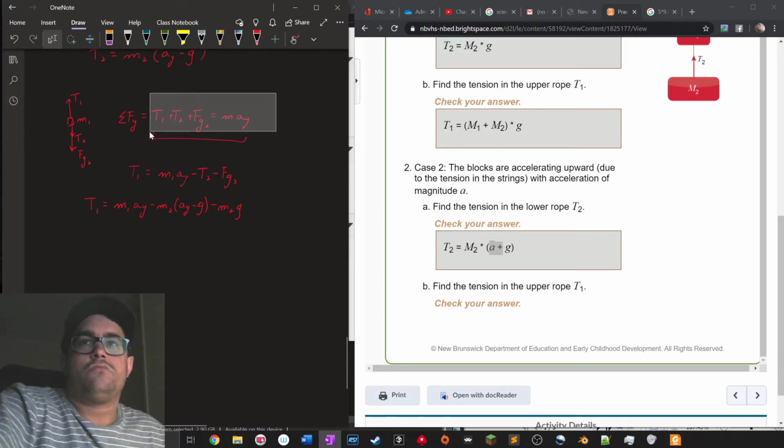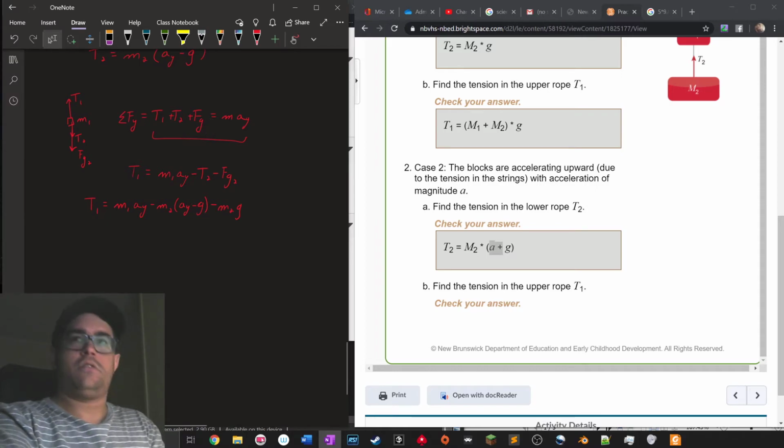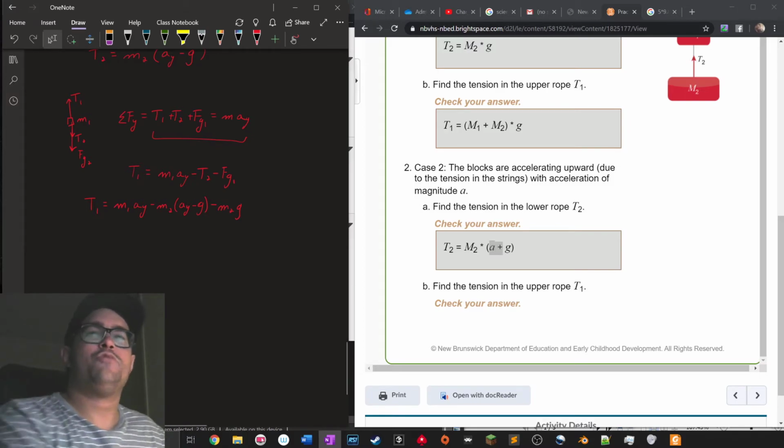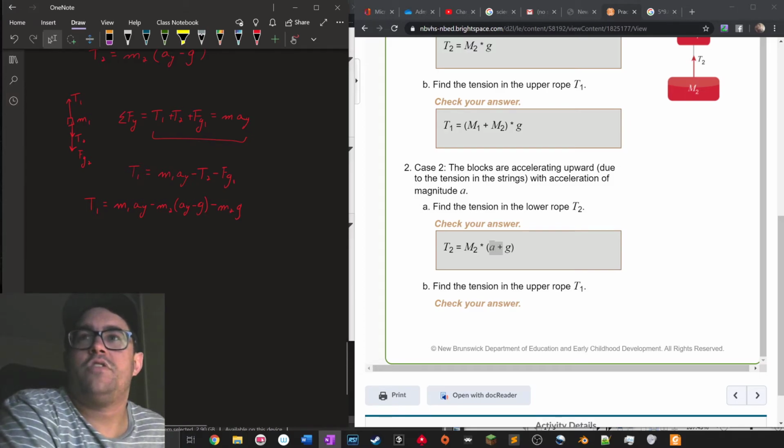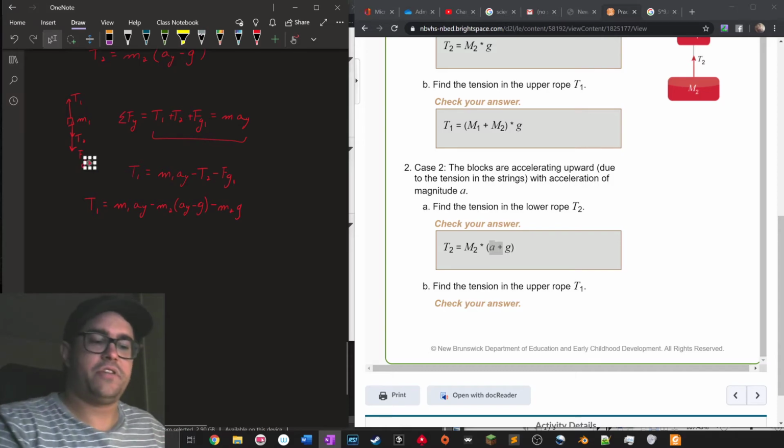So is this true? T1 and T2 and FG2. Oh, hold up. Not FG2, again, it's FG1. Man, someone's gonna rage. Can't name names. FG1.